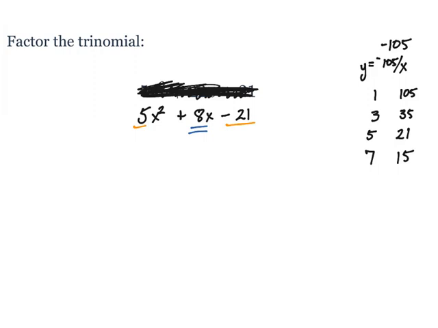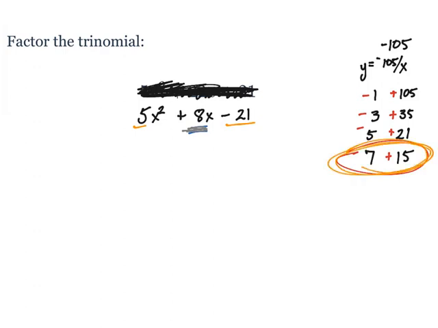Now, big hint for you, if the middle number, like in this case, 8, is positive, the bigger number will be positive. So I would look at positive, positive, positive, and the smaller number is going to be negative. So is it possible for negative 7 and positive 15 to become positive 8? It is.